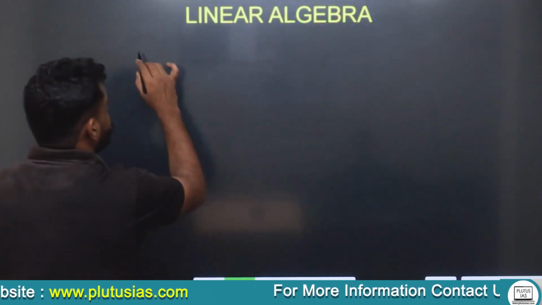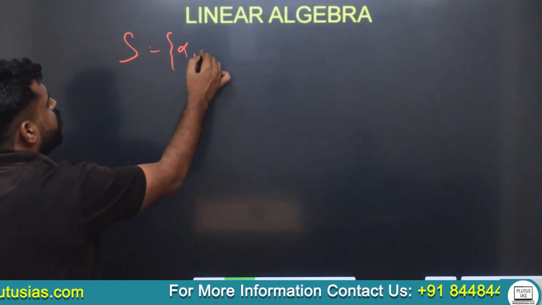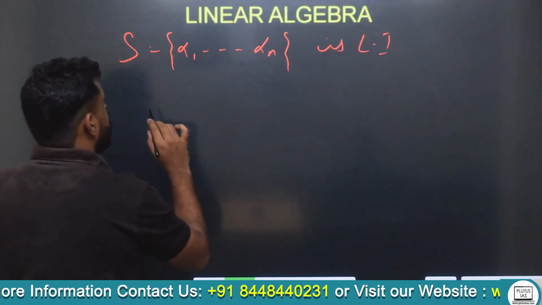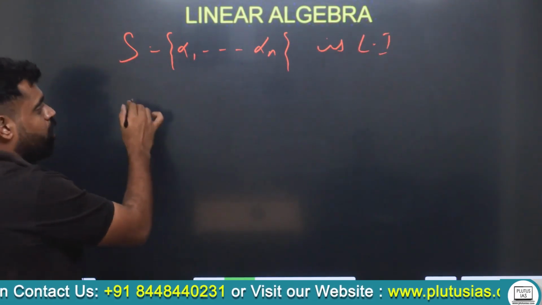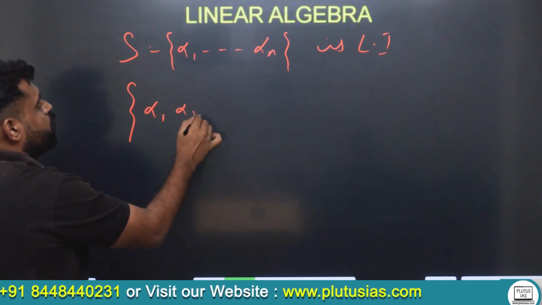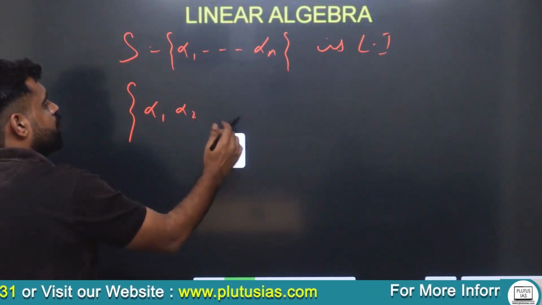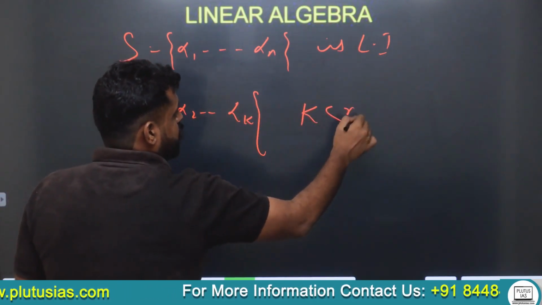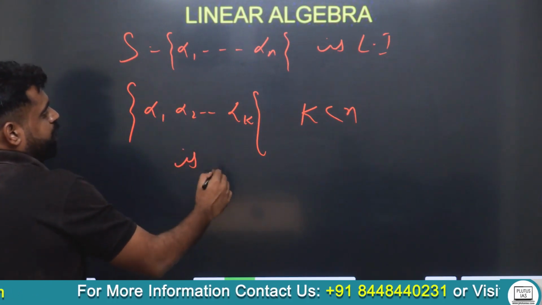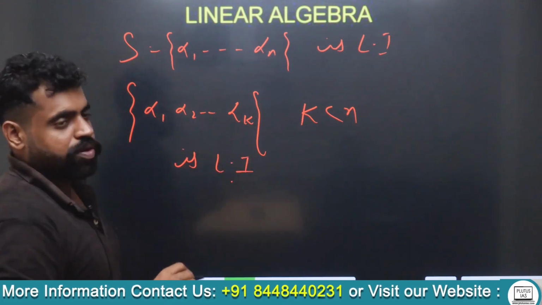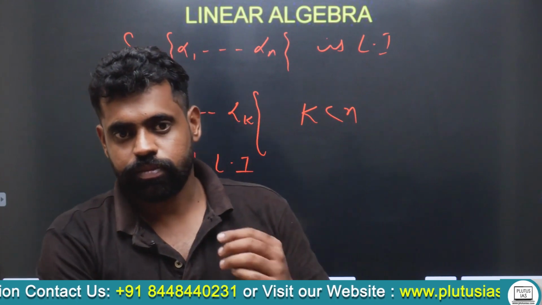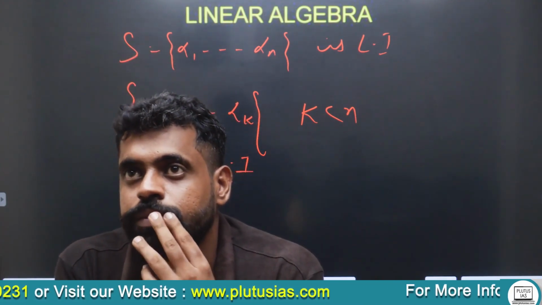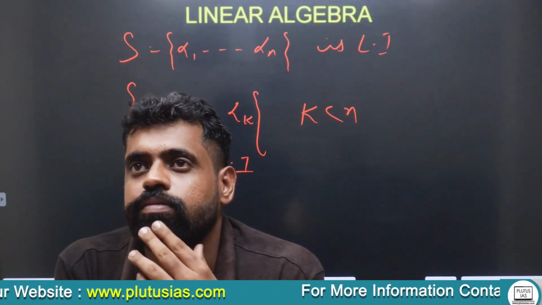Again, if I say S is equal to alpha 1, ..., alpha n, and now it is linearly independent. Then I take a subset of it: alpha 1, alpha 2, ..., alpha k, where k is less than n. Is this linearly independent? True or false?